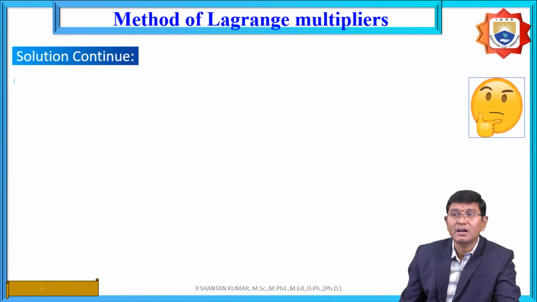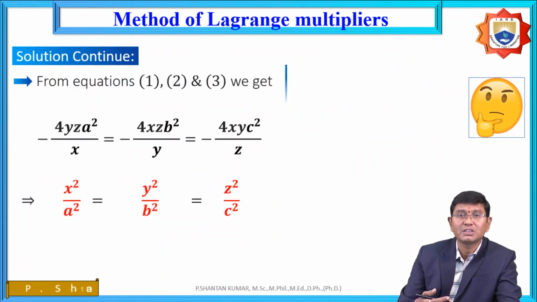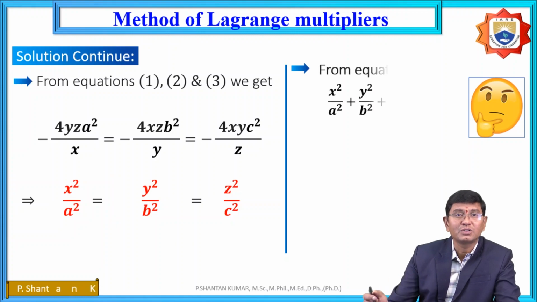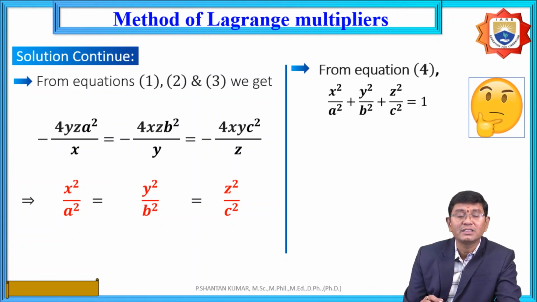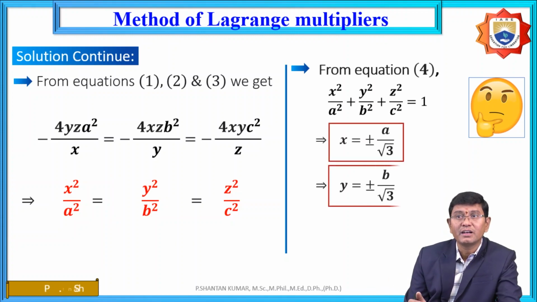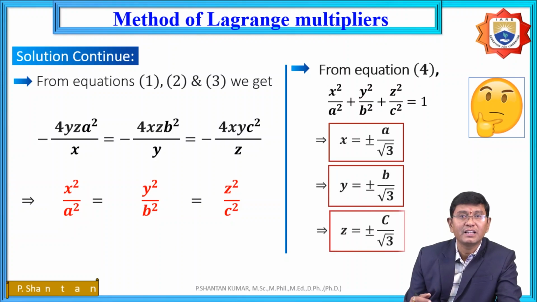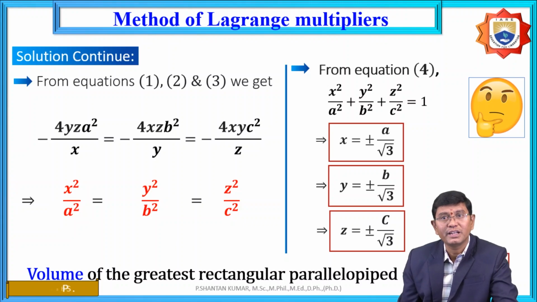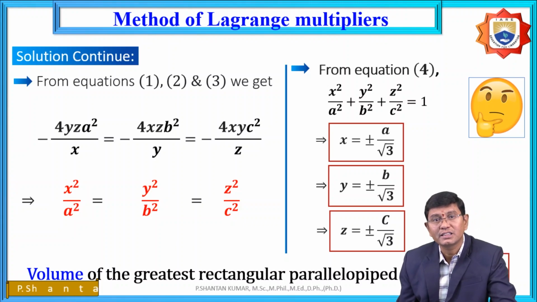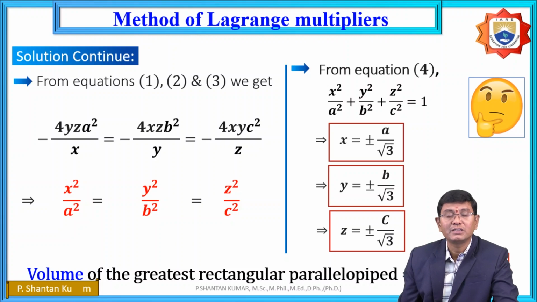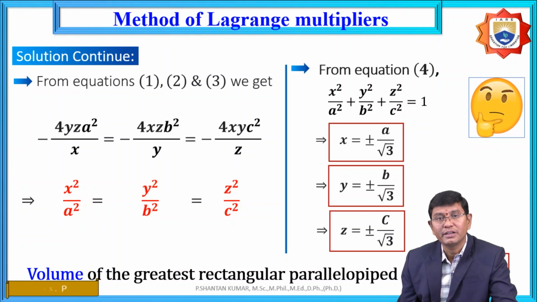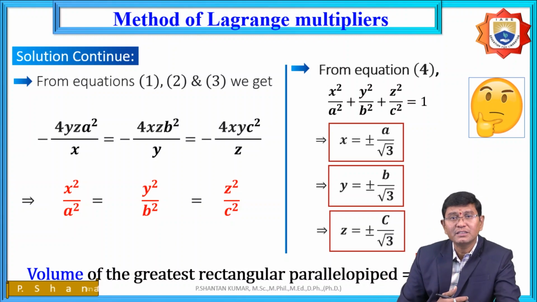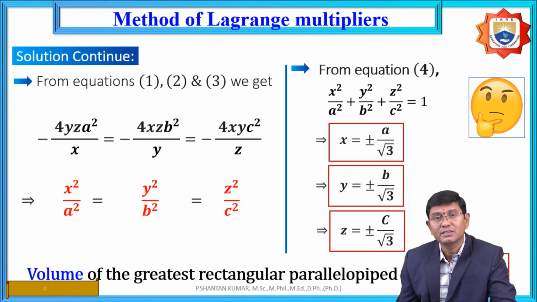Based upon that xyz, we find the solutions after replacement in the required solution, here it is 8xyz. That means it is 8abc by 3 root 3. If the greatest is asked, the maximum is plus 8abc by 3 root 3. If it is the lowest, it is minus 8abc by 3 root 3, is the solution.